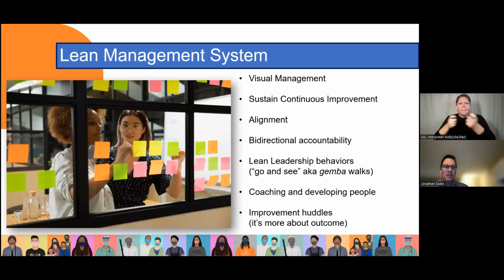It's somewhat akin to our operating system. So it supports visual management of the work, sustains continuous improvement, works on alignment and bidirectional accountability, and reinforces and supports lean leadership behaviors. And as we said earlier, out of respect for people, a key part of the lean management system is coaching and developing our workforce.